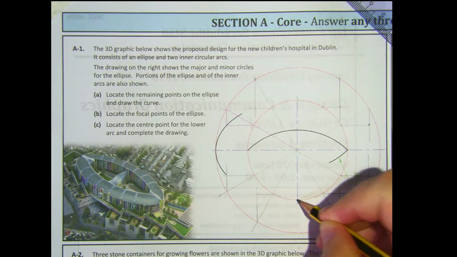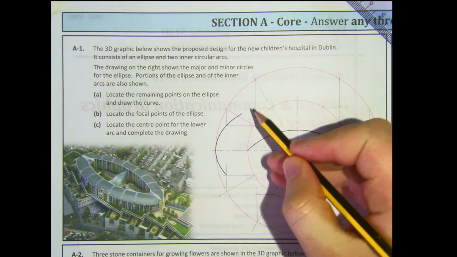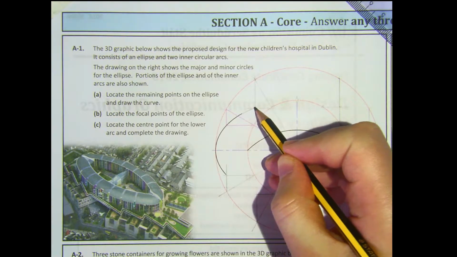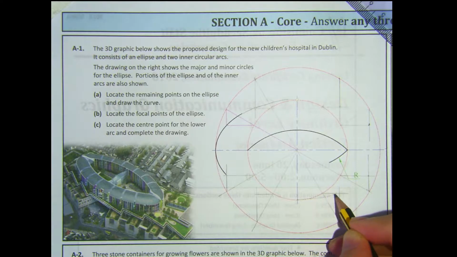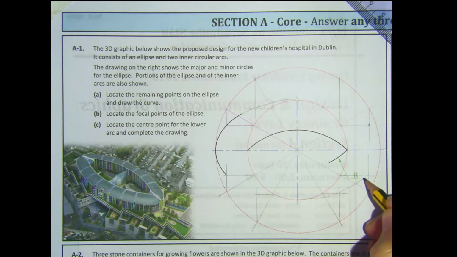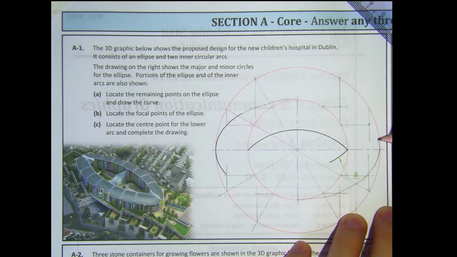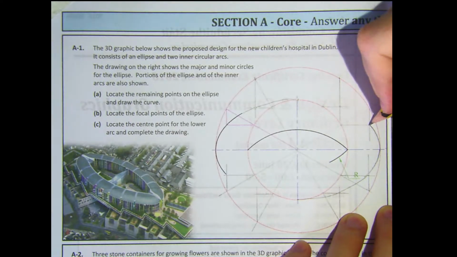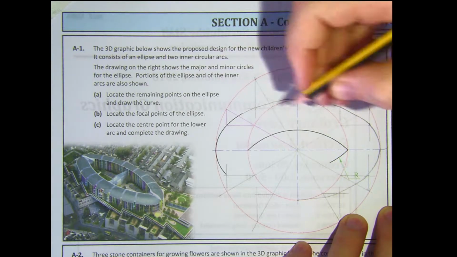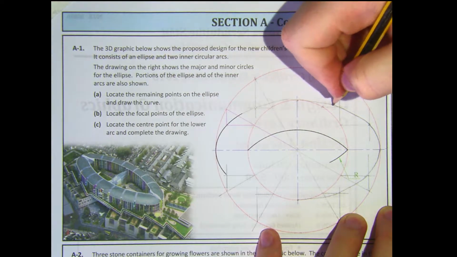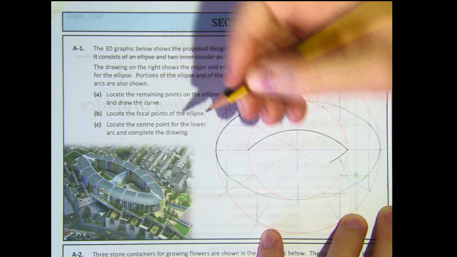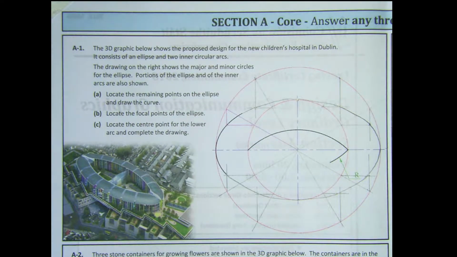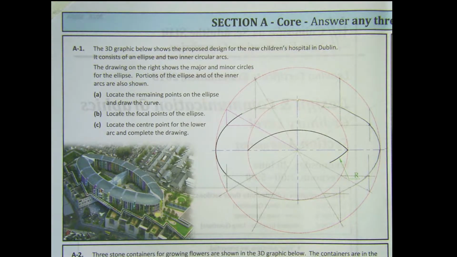So we've got just this one here as well. So then drawing the best curve that you can, joining all of these points up. And that's our curve. We might need to darken that in a little bit more. So that's part A complete.